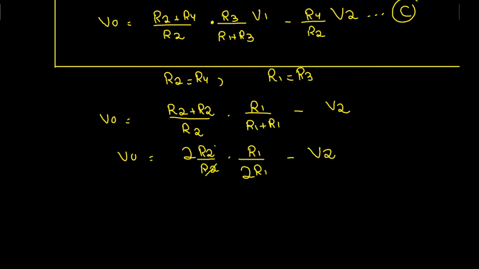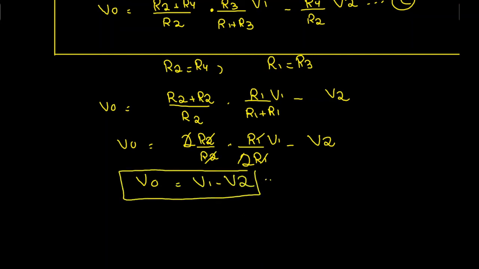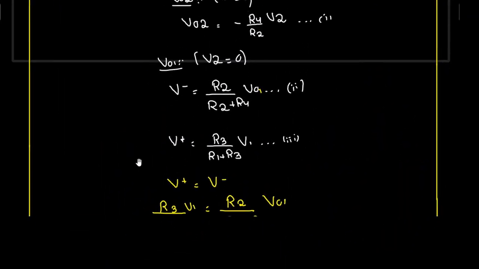So this R2 and R2 will be cancelled out, and this R1 and R1 will be cancelled out, and 2 divided by 2 is 1, so we have V1 over here. So we are going to have V0 is equal to V1 minus V2. So this is my final equation. Thus this circuit has been used as a subtractor.